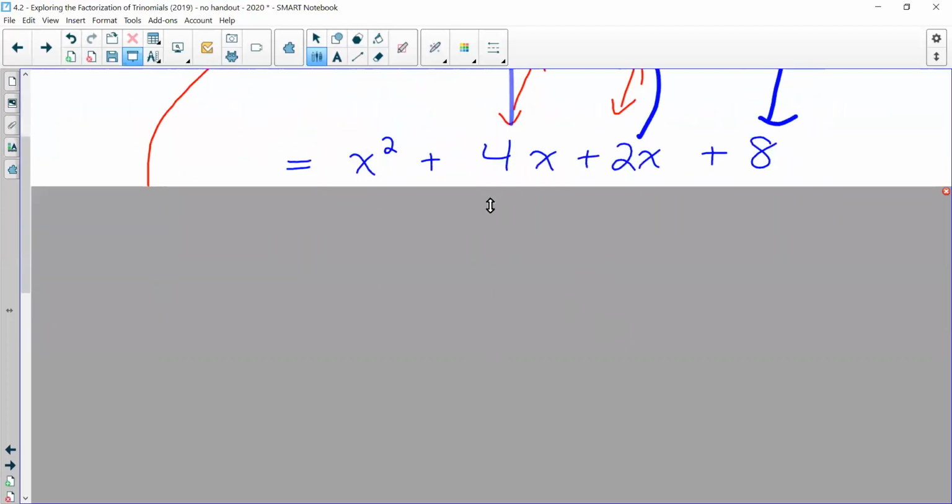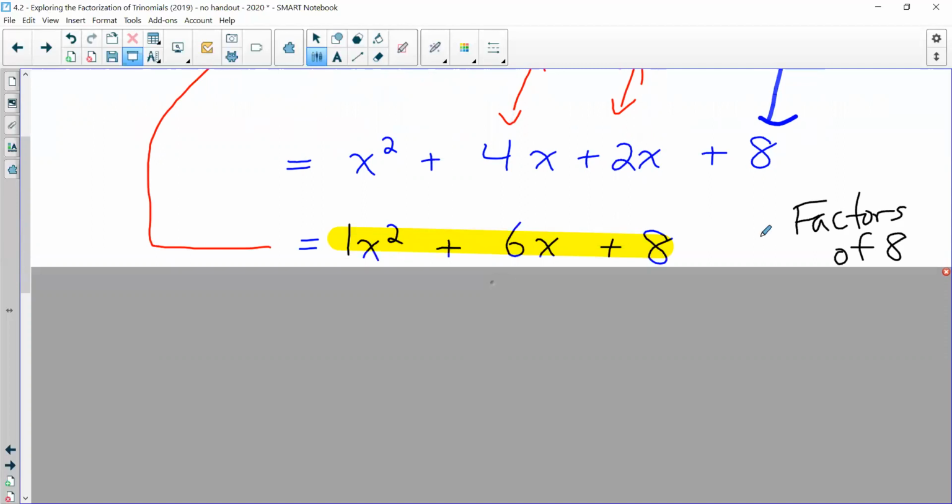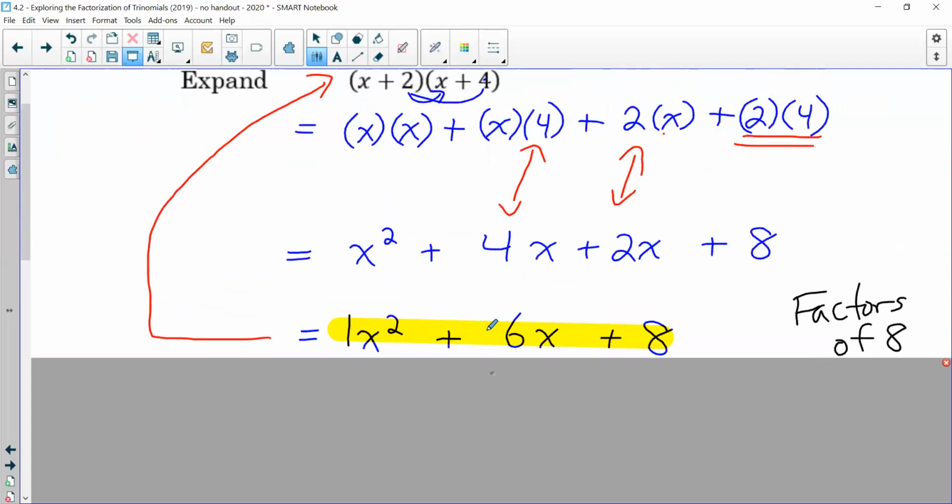Now, it's not a matter of just simplifying, it's a matter of using this technique to see if you can find a pattern. So, what we're looking at is a way of starting with this yellow highlighted part, and is there a way to go backwards and determine the factored form?